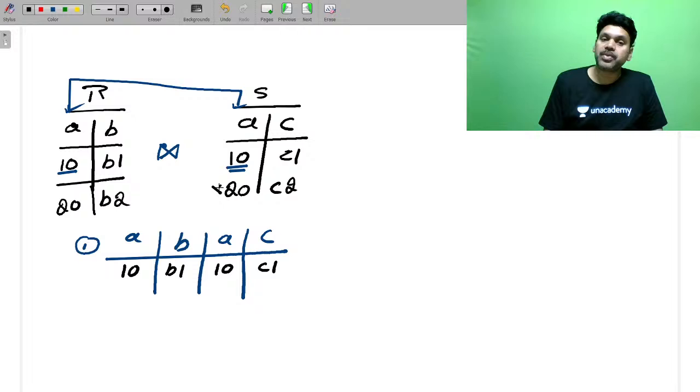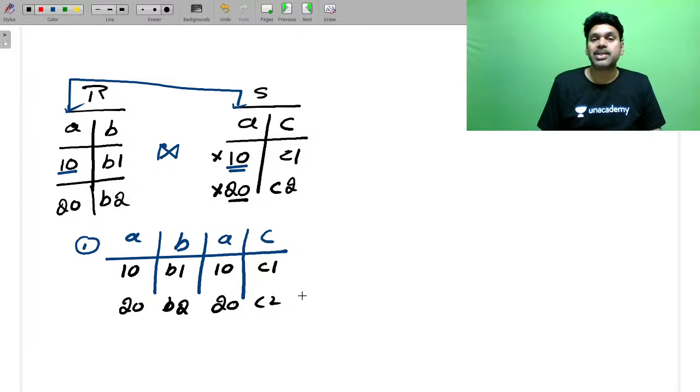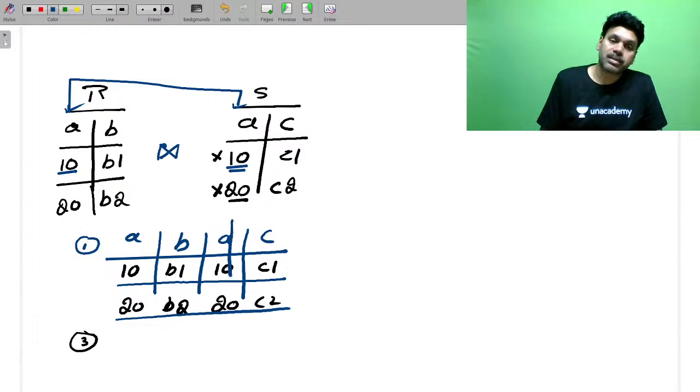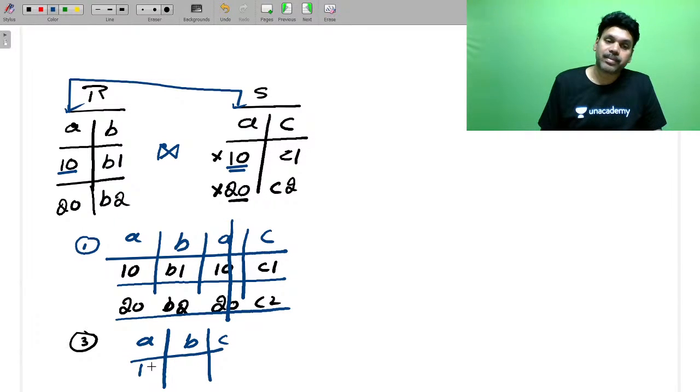This 10 cannot map with 20 because the data is dissimilar. Next, 20 cannot map with this dissimilar data, but 20 can map to this. So you got the answer like this. So the first and second steps are completed. Third step, are there any duplicate tuples? No, this is a unique tuple, this is a unique tuple, and a duplicate column is there. Eliminate it. Finally you got A B C as 10 B1 C1, and see how data is sharing, 20 B2 C2.